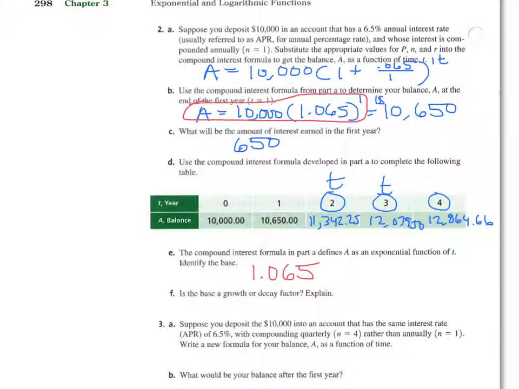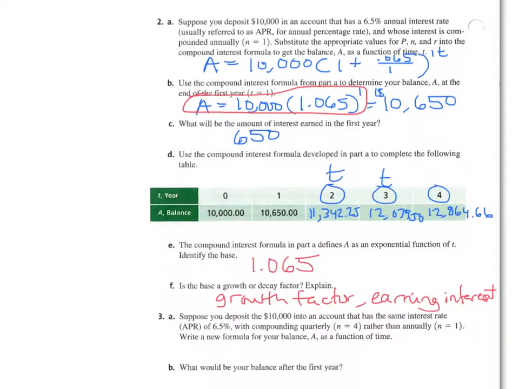We only compounded it annually. Is it a growth or decay? Well, I'm making interest, so this is definitely a growth factor, because we're earning interest. And the growth rate was greater than 1.